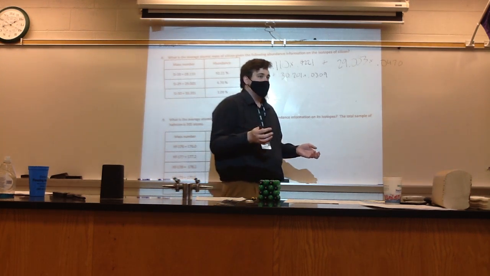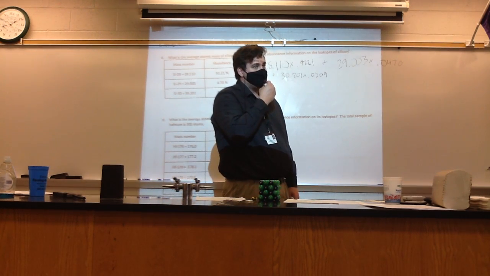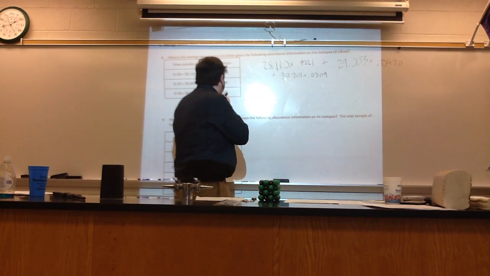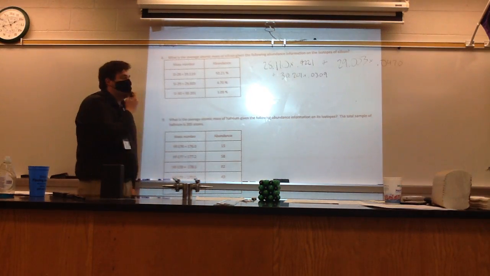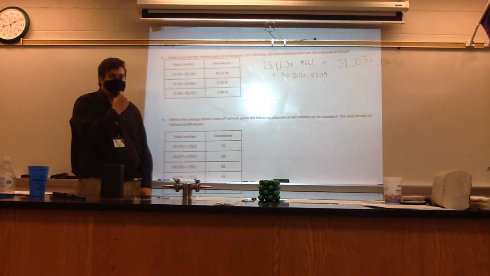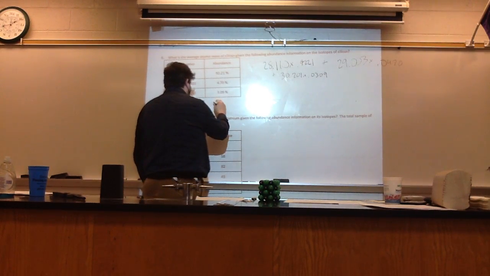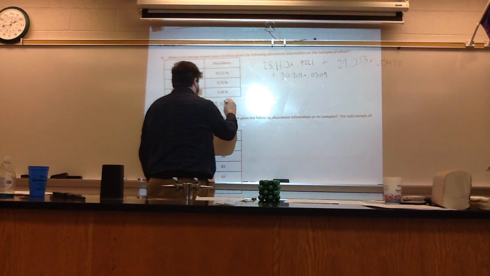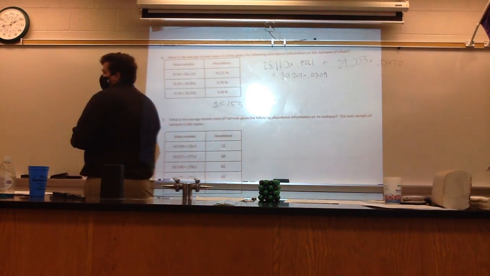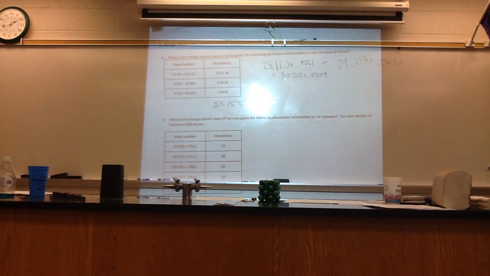So was the correct answer 28.1? That sounds about right. What did you get, 28 point what? You can always check your answer with the periodic table. Yeah, so you got 28.153. It's a red number on the periodic table. So we can look at the periodic table, and we see that silicon is right here.